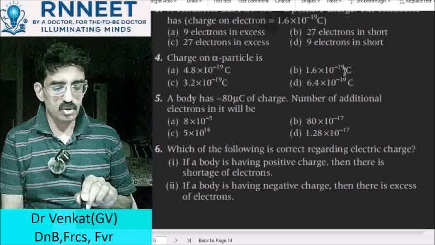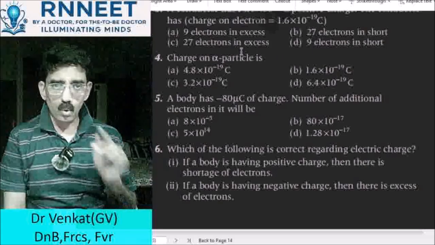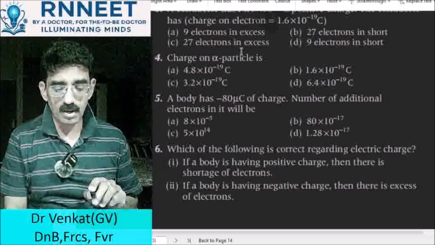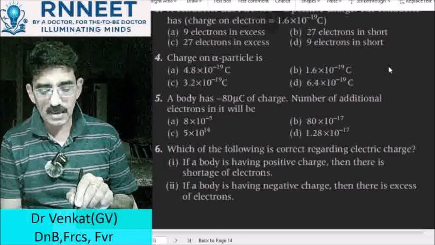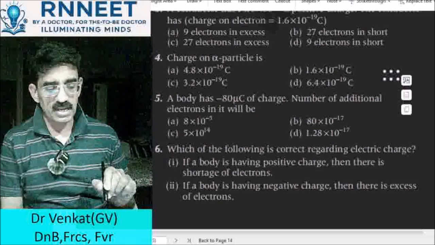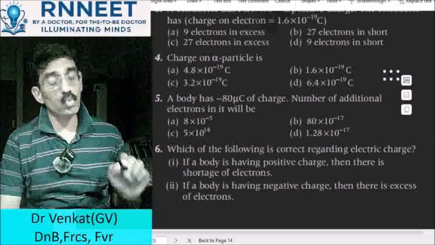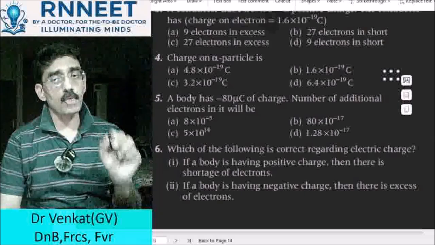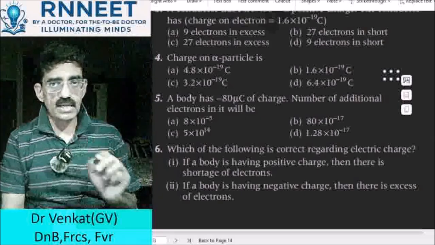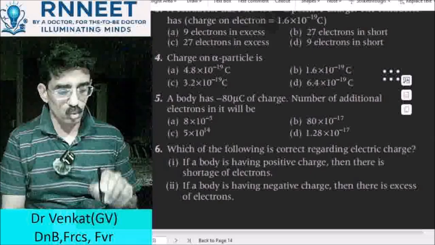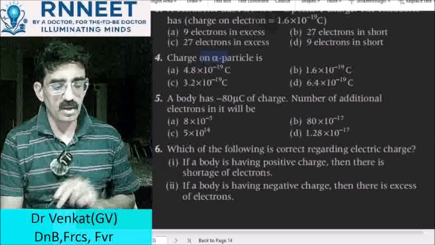So what is the charge on an alpha particle? You know what an alpha particle is? It is a helium atom, so it has to be He plus 2. So it has a charge of plus 2.